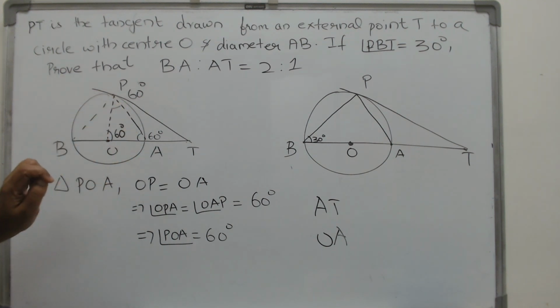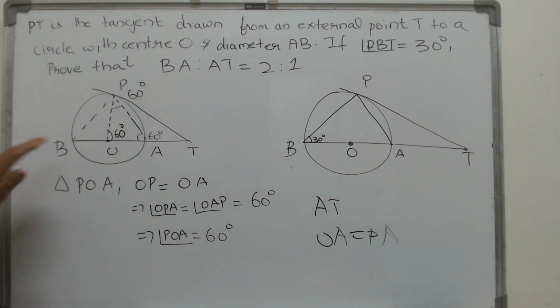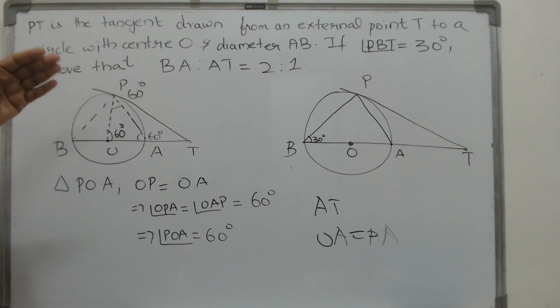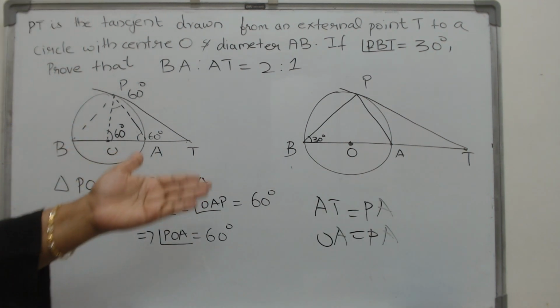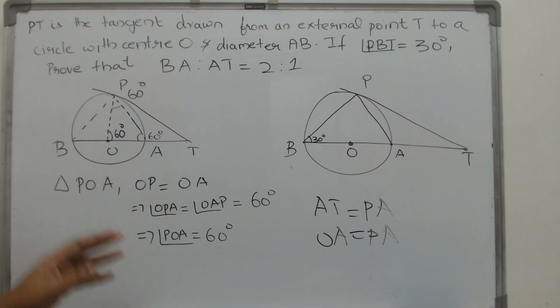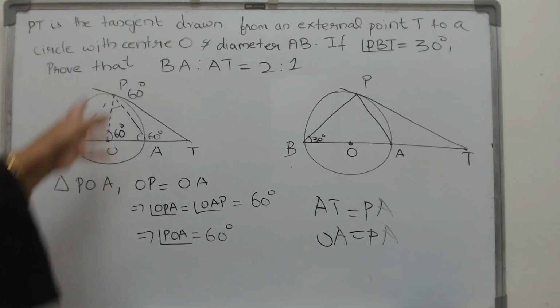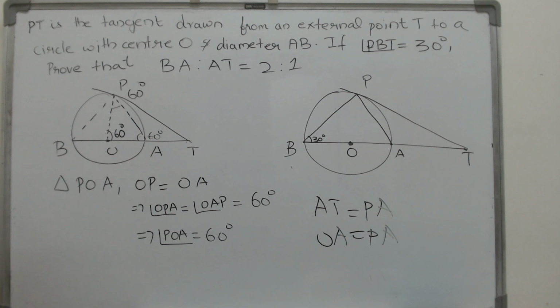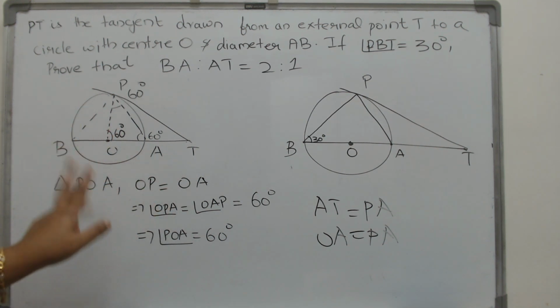What we are trying to prove is that OA is equal to PA, and then we are going to prove that AT is also equal to PA. So we can conclude that AT is the same as the radius, which means it is half of the diameter. That is what we are attempting to do here. When you do the steps, understand where you are going with this. All of this drama is for you to just prove that AT and OA are the same.